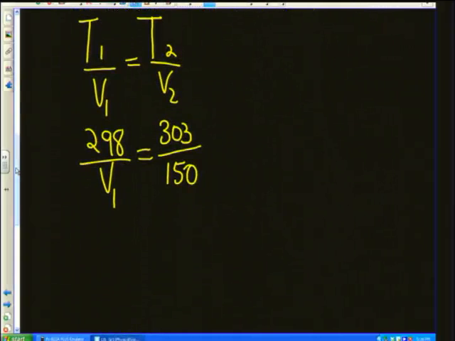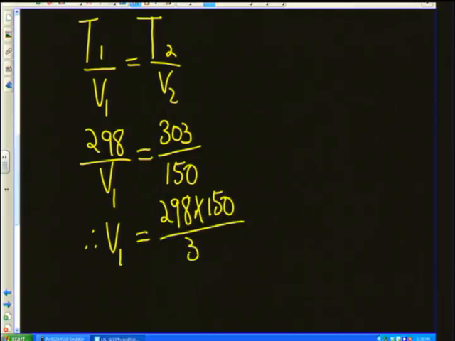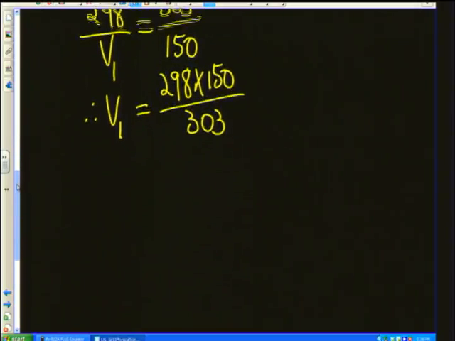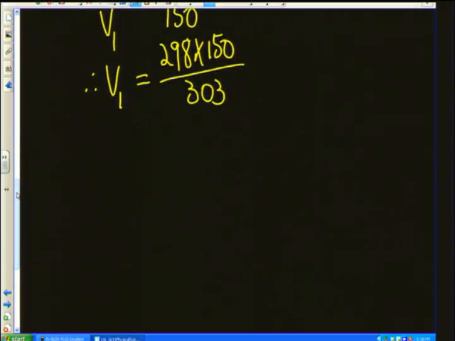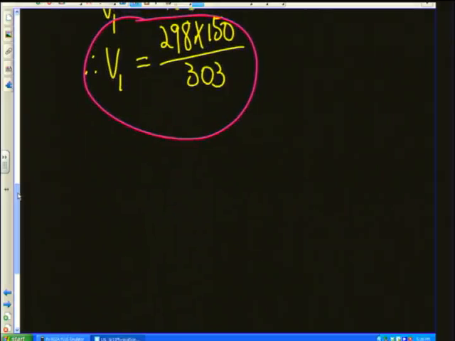Therefore my V1 equals, cross multiplying, 298 times 150 divided by 303. I am not bound to use this step. I'm just helping you, especially those that are battling, to see where all this comes from. I can go straight to the answer.